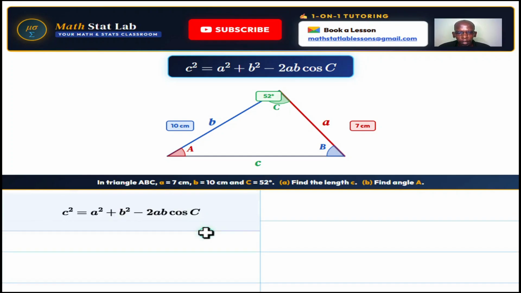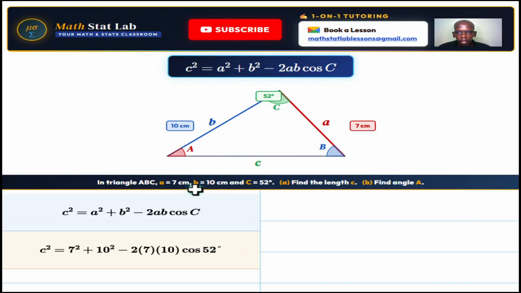Next, we replace the formula with the real values. So c squared will be equal to 7 squared, which is the value for a, plus 10 squared, which is the value for b, then minus 2 times a, which is 7, multiplied by b, which is 10, then the cos of 52.